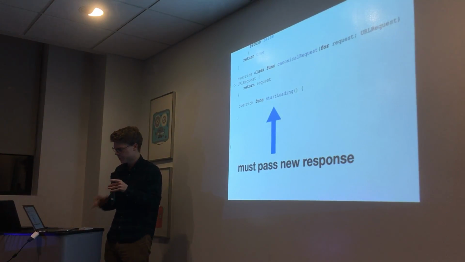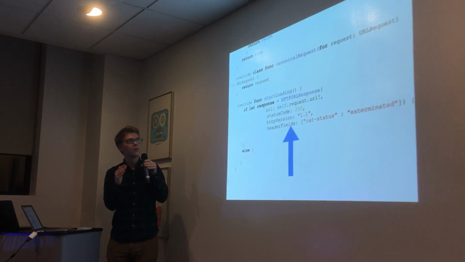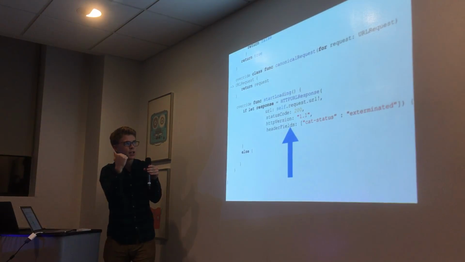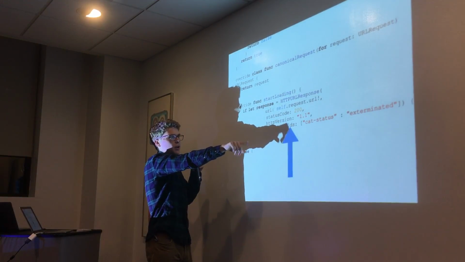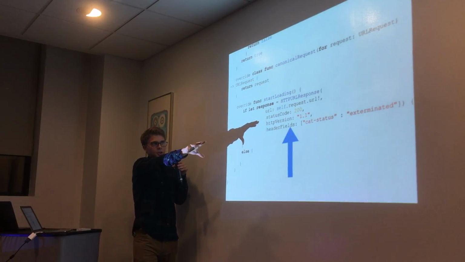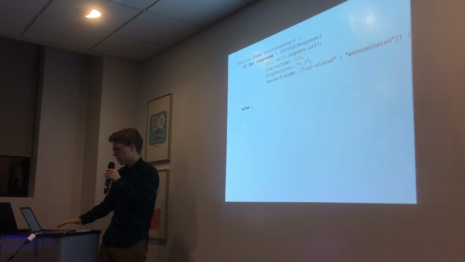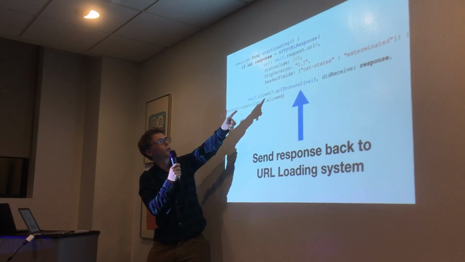Typically you would have a network here, but we are exterminating cats, so we can synthesize that response right here, add an HTTP header for cat status exterminated, and with that, we pass it back into URLProtocol didReceive response.